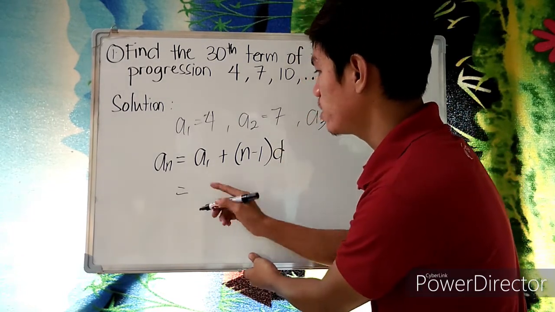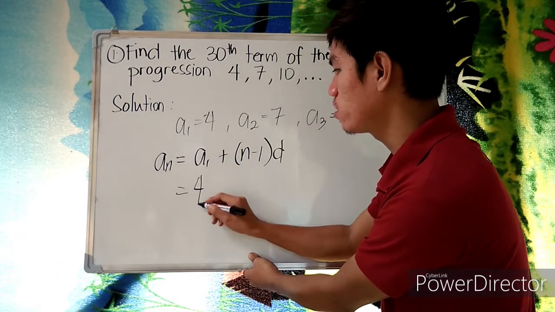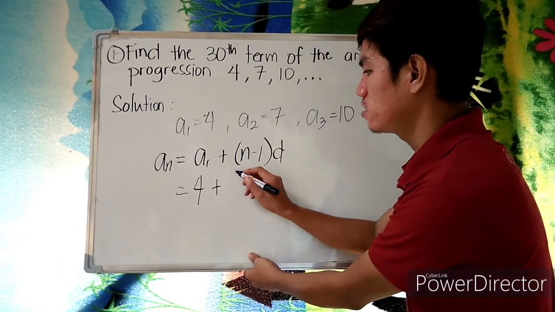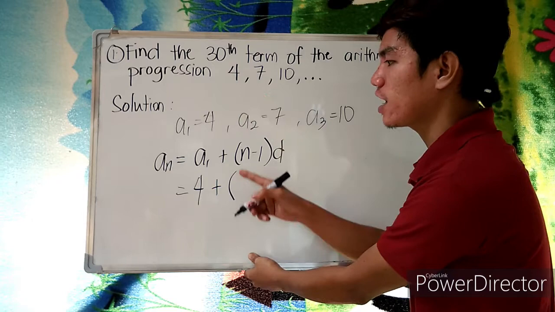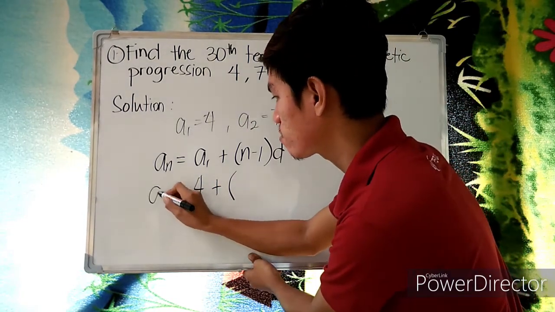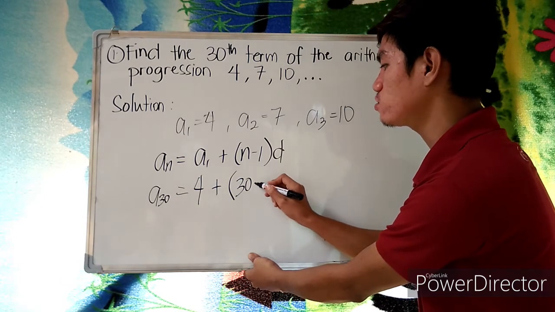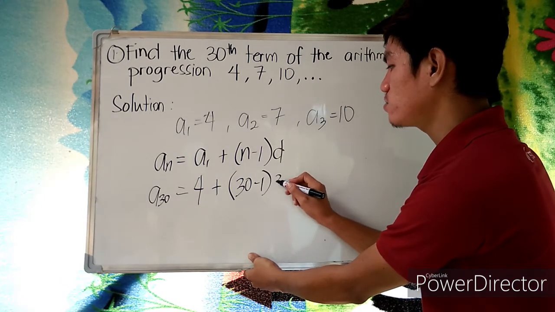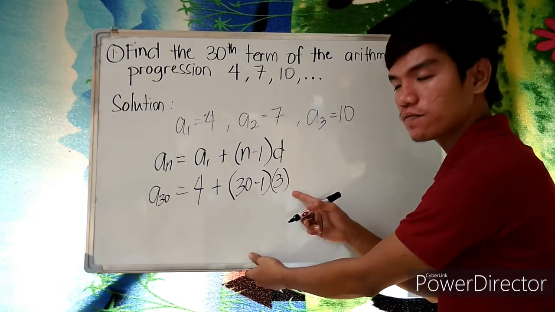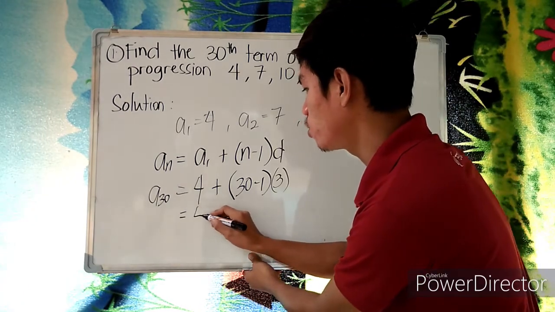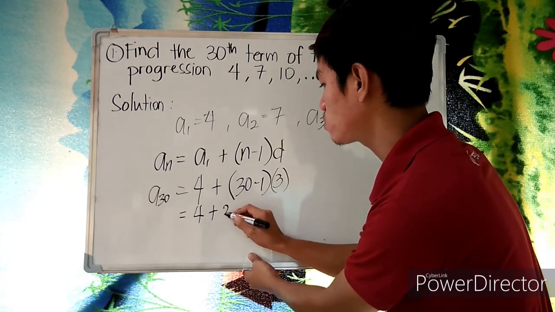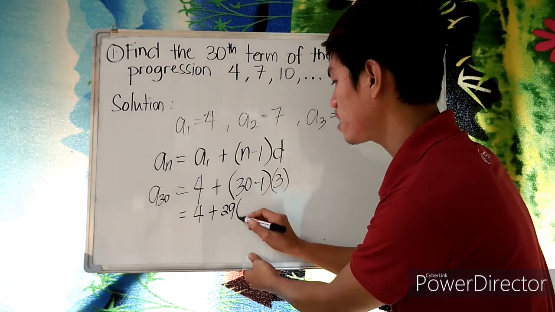So, we have a sub 1, which is 4, plus, yung n natin is 30. Ano daw yung 30th term natin? So, a sub 30, we have 30 minus 1 times 3, kasi 3 yung difference. So, we have 4 plus 29 times 3.